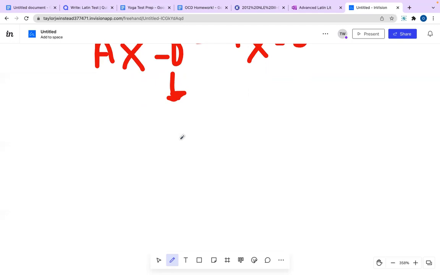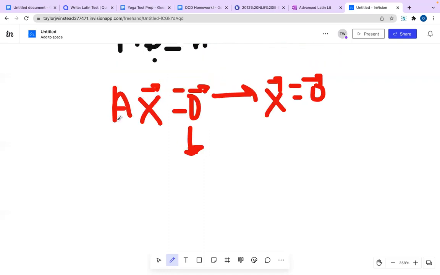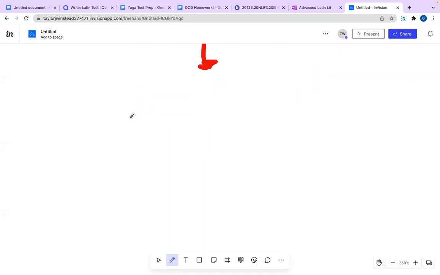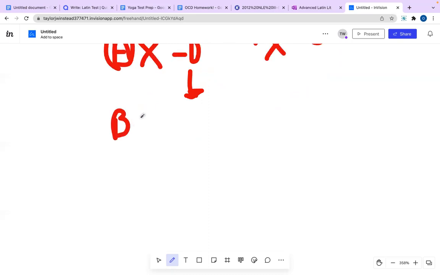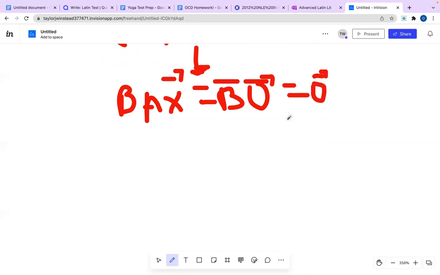So to show that A is invertible, we multiply B on both sides. So we get B A times vector X equals B times the 0 vector. And that's just going to equal the 0 vector, because anything times the 0 vector is 0.